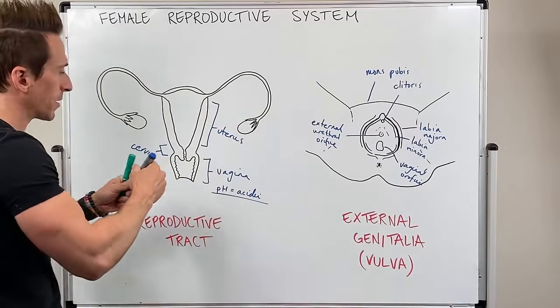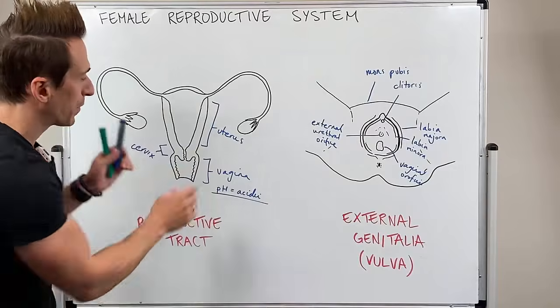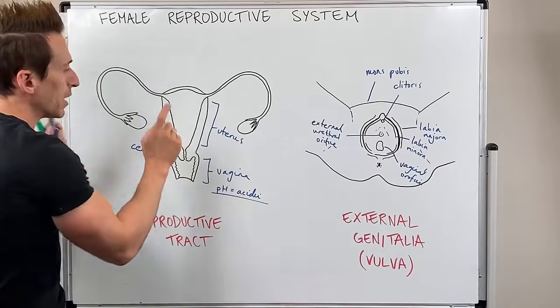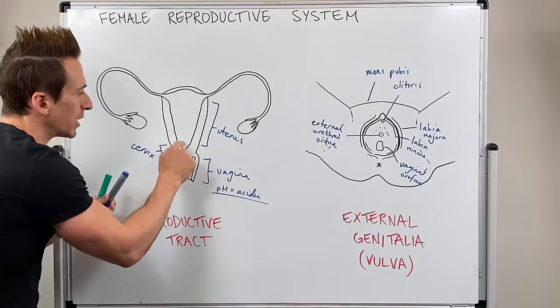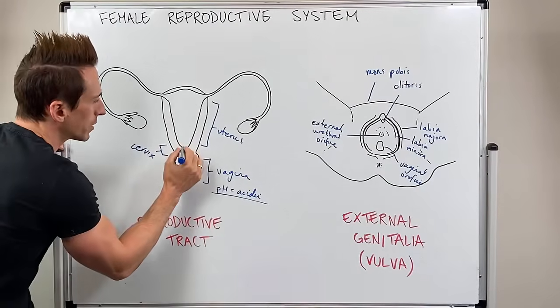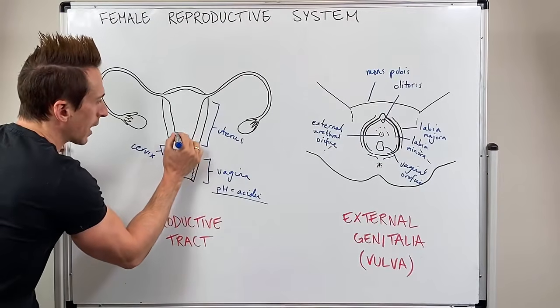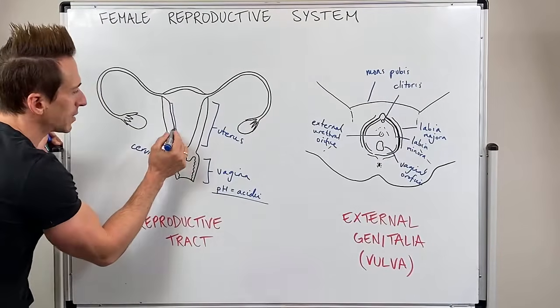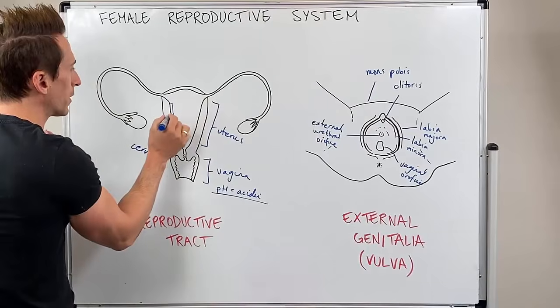Now, the uterus is a muscular body and it comprises of a couple of important layers. The two that I want you to be aware of is the most internal layer of the uterus, which is a layer that thickens when a woman becomes pregnant, and this is called the endometrium.